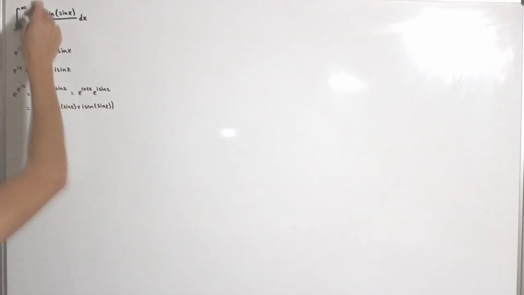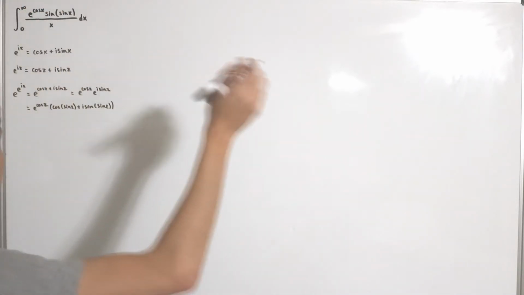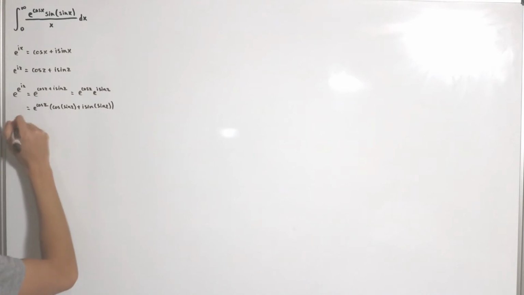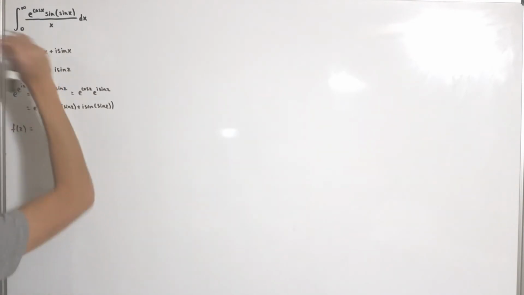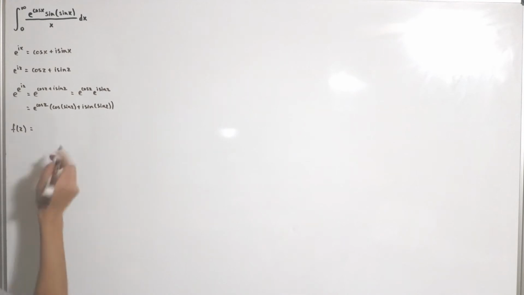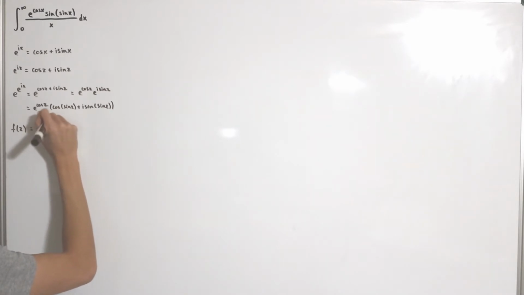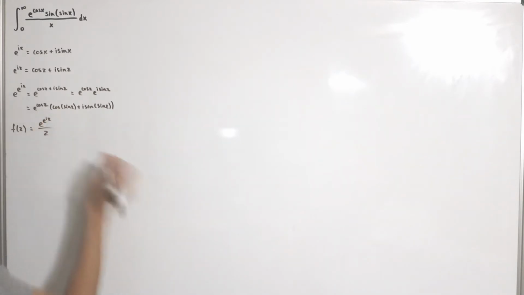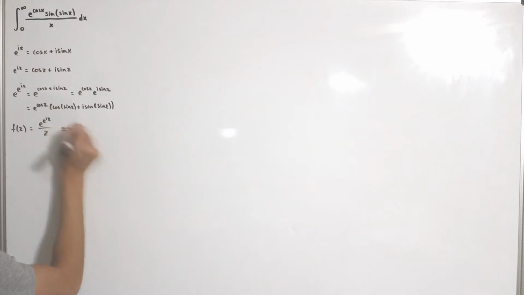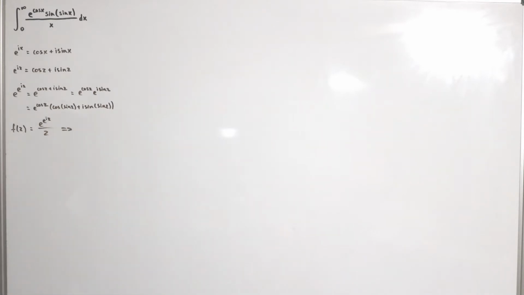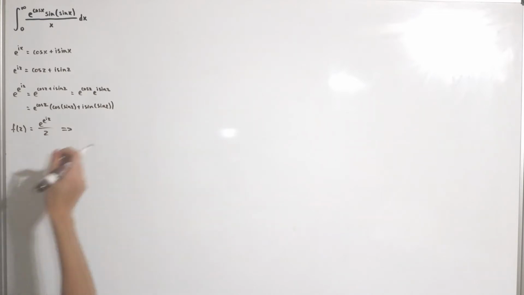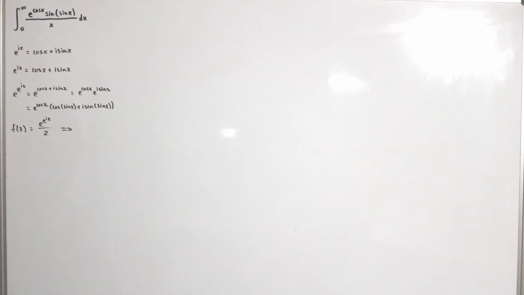Now that we're converting from real values to complex values, let's also define f of z to equal the same function, but with everything in terms of z. So we have our function e to the power iz divided by z. One thing we want to notice is that in complex analysis, even though there's a denominator with z, there's a singularity.